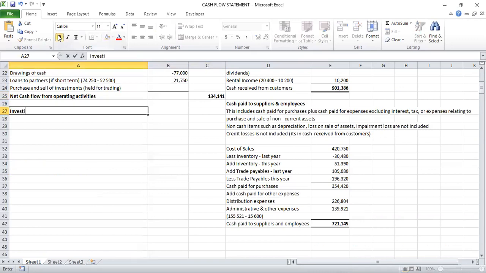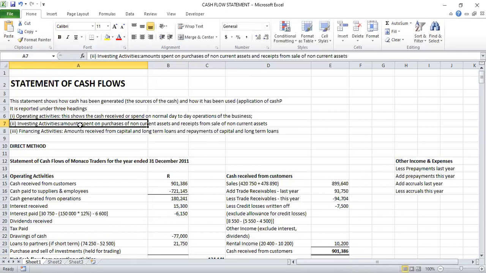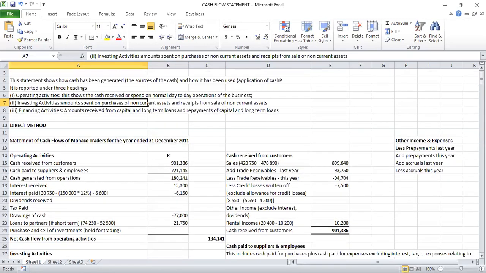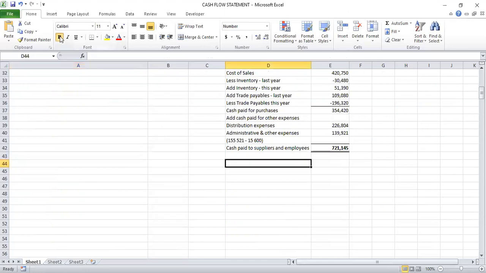Now remember that investing activities is the purchase and sale of non-current assets, as I stated in the previous class. Investing activities are the amounts spent on purchases of non-current assets and receipts from the sale of non-current assets. Normally we divide our investing activities into two categories.